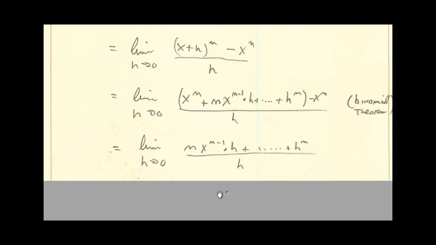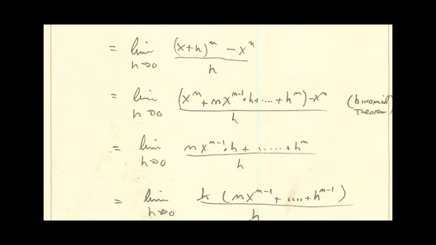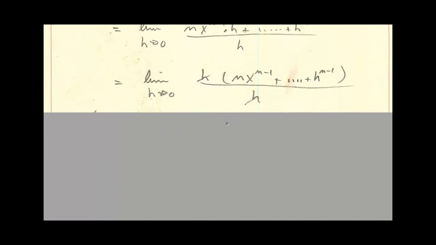So once you've gotten x to the n minus x to the n, which is 0, you have an expression with a whole bunch of terms in there, and every term has an h in it. Once you factor out one h, the h's cancel, and every term left in the numerator has an h in it except for the first one.